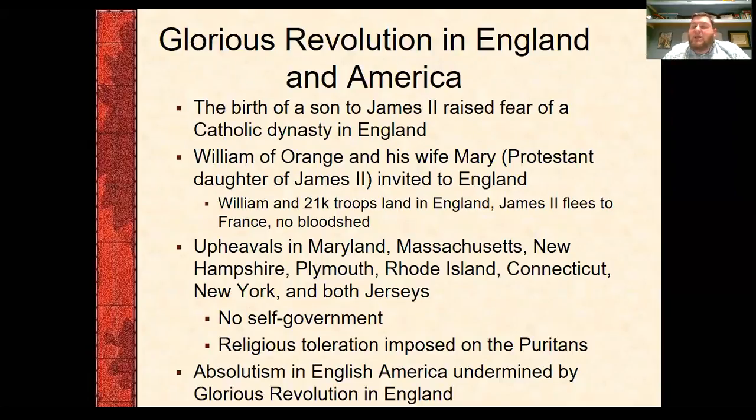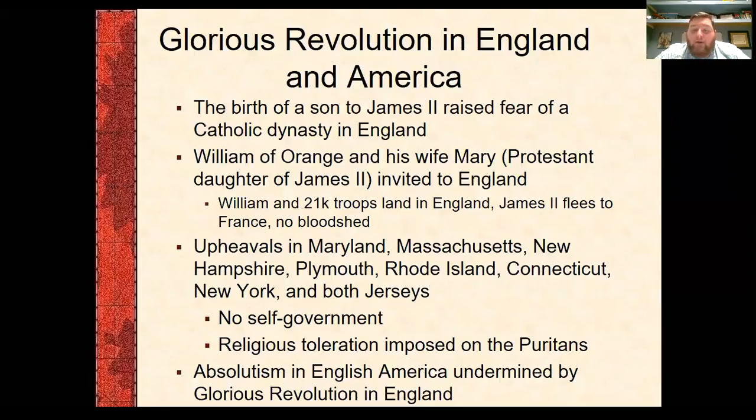So, like I said, James has a son, and this really ignites the fears again. And both the Tories and the Whigs, of course, are going to say, okay, we cannot allow a Catholic dynasty. So what they do is William of Orange, who is the stadtholder of the Netherlands, he's Dutch royalty.